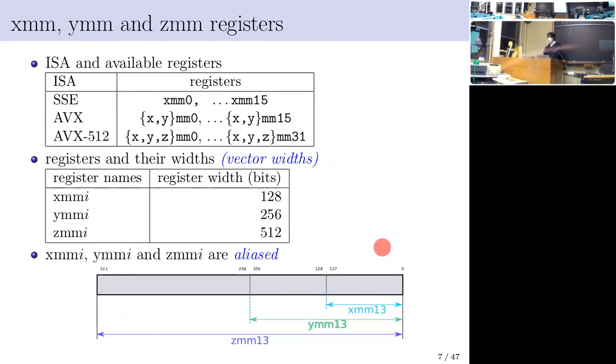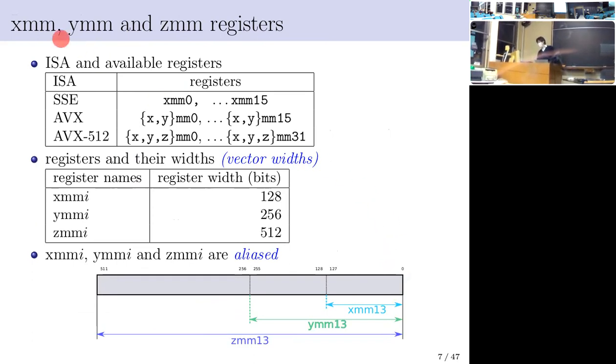And to make things a little more complicated, this is not something fundamentally important, but still you sometimes need to know. So there are basically three kinds of registers in processors supporting AVX512, largely for historical reasons.